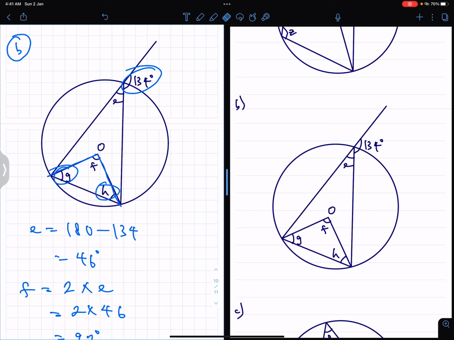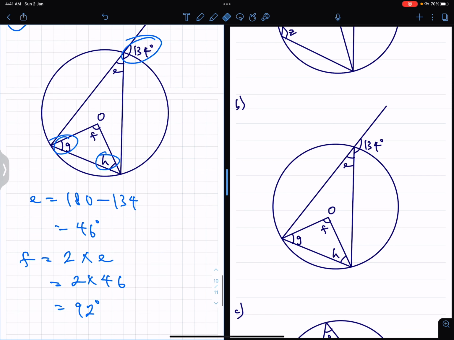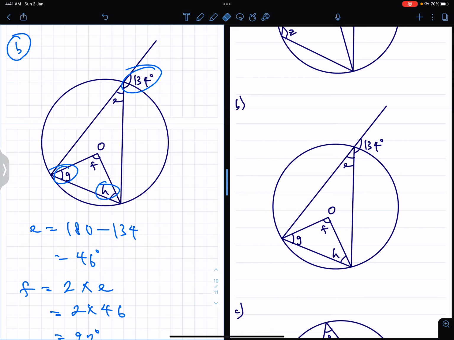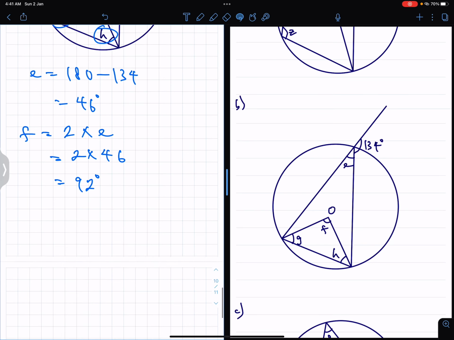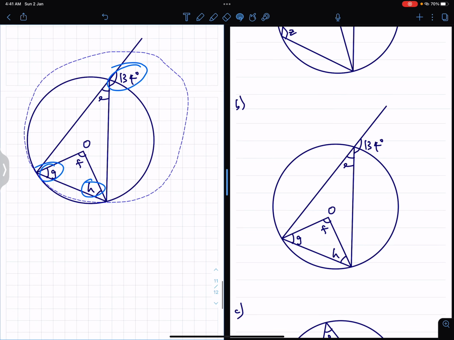So angles G and H are equal. I think I need to bring the diagram down so that we can see it to be able to find angles G and H. Let me paste it here. Yeah, this is the diagram.